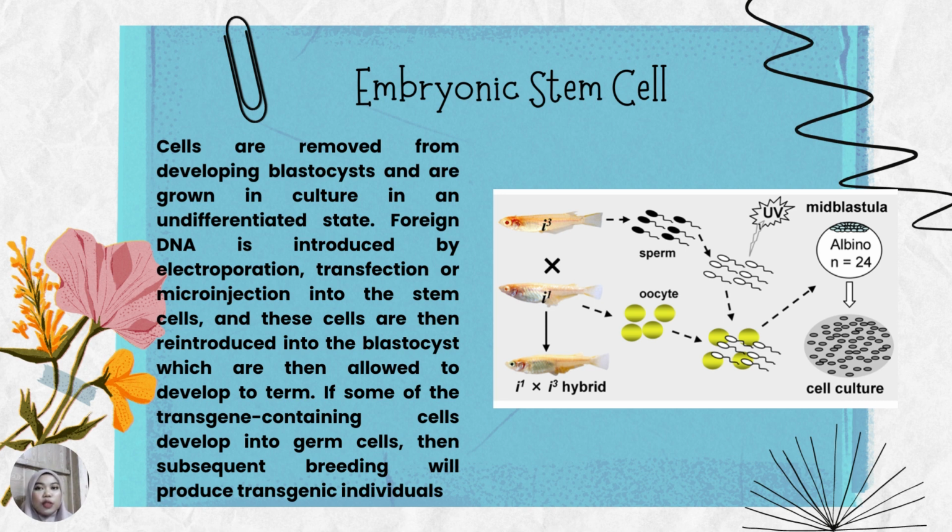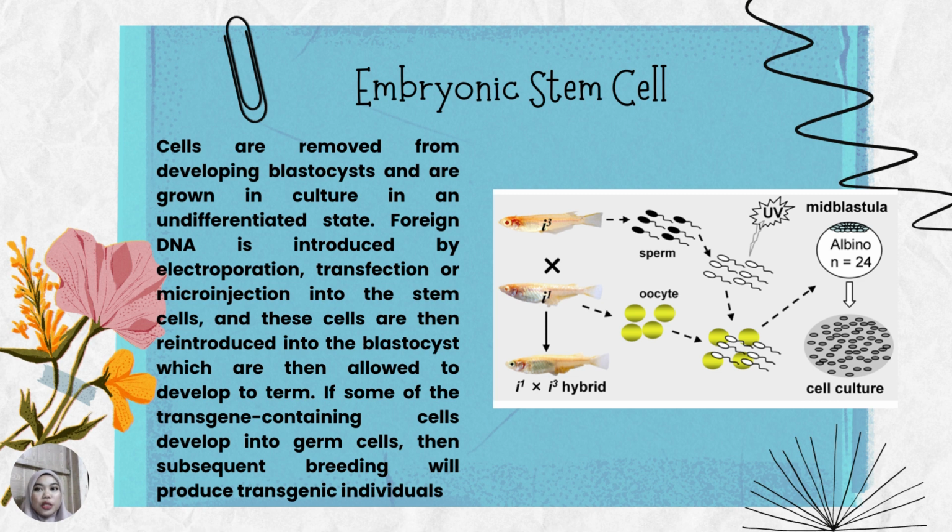Cells are removed from developing blastocysts and are grown in culture in an undifferentiated state. Foreign DNA is introduced by electroporation, transfection, or microinjection into the stem cells, and the cells are then reintroduced into the blastocyst, which is then allowed to develop to term.